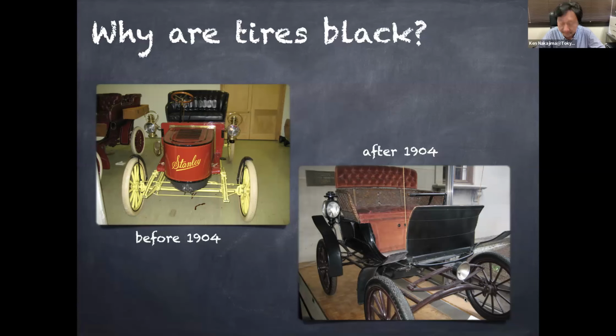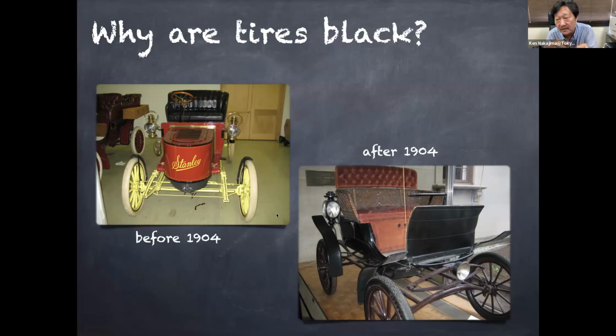As he mentioned, in 1904 there was a big invention. Before that, the color of the tire was white, and it turned into black by some invention.